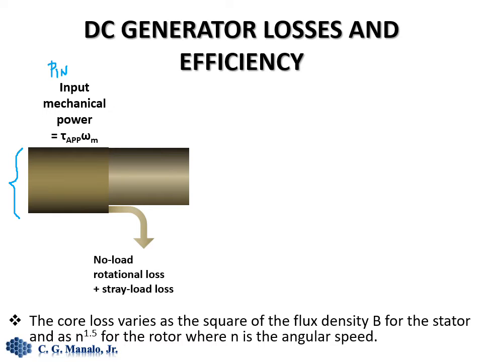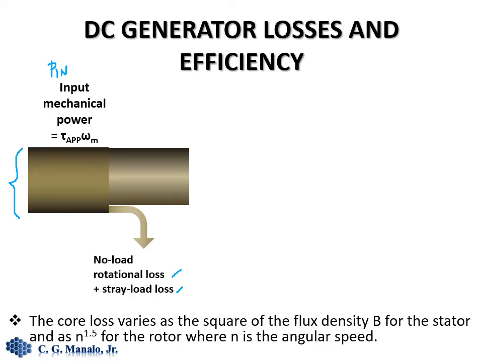but before it actually goes inside the generator, we have to take into account what we call the mechanical losses that is involved. So these are called the no-load mechanical loss and the stray load loss. Both of these are mechanical in nature.